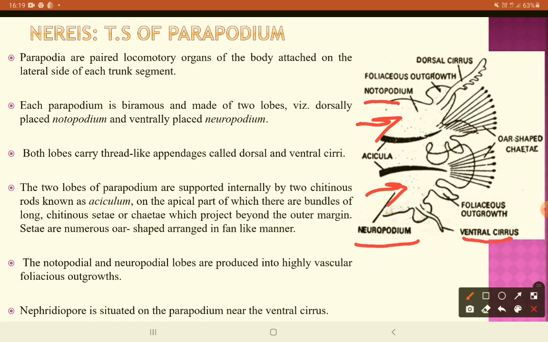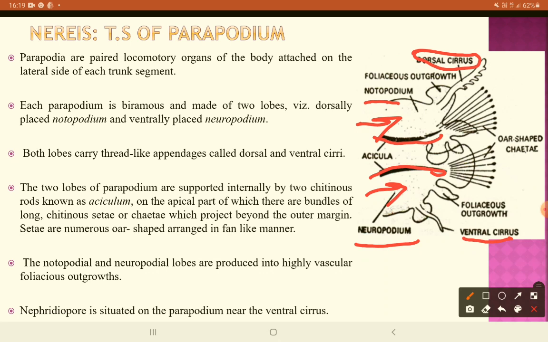Ventral cirri and the dorsal cirri here. The two lobes of the parapodium are supported internally by two chitinous rods known as acicula. This is an aciculum of the ventral lobe, that is the neuropodium, and this is the aciculum of the notopodium.